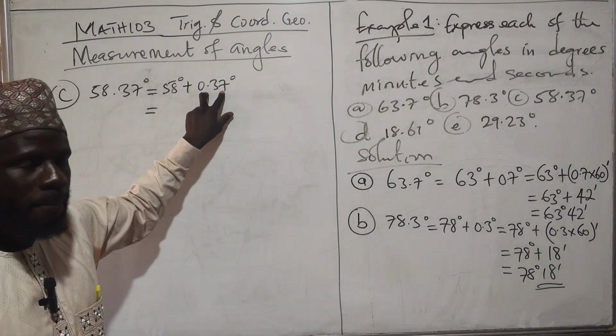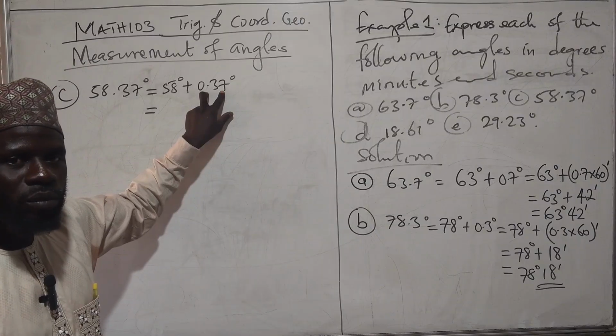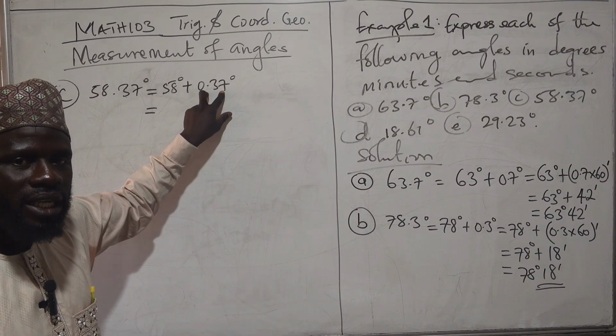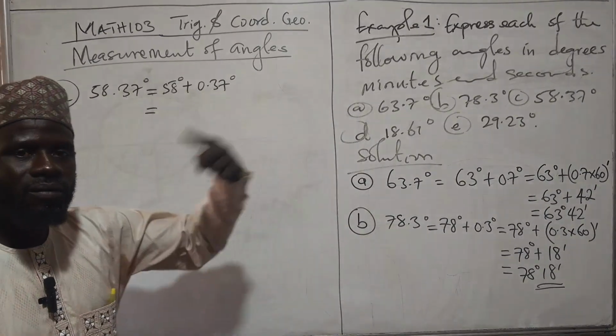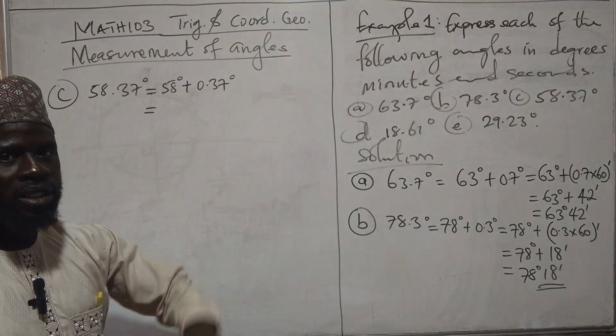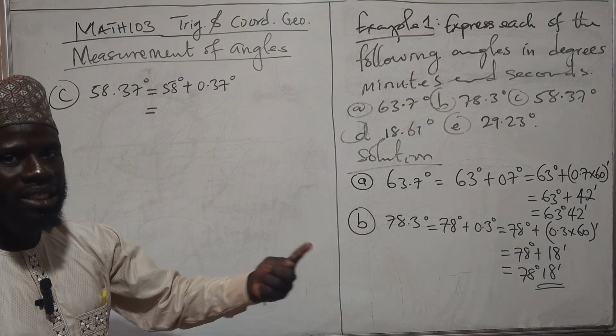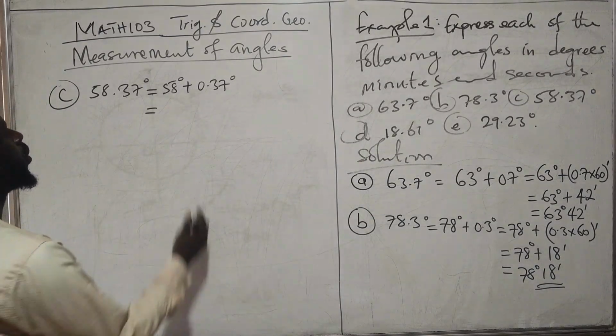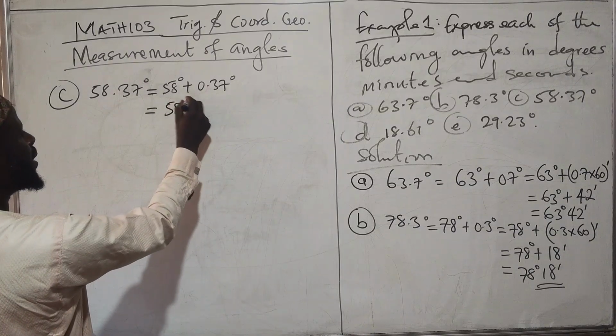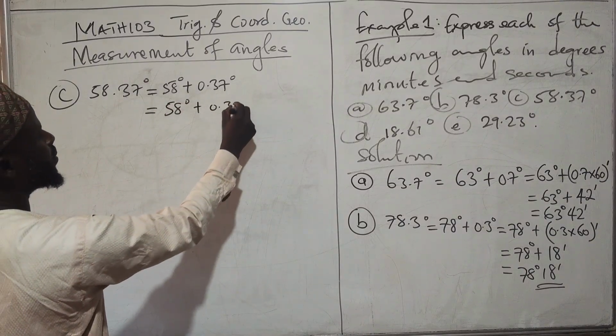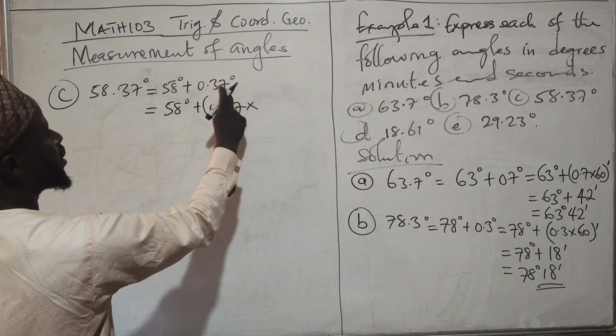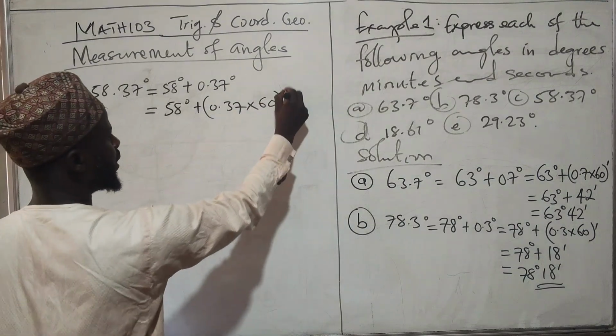If after the conversion to minutes, the minutes still contain a decimal part, then further convert the decimal part of the minute to seconds by multiplying it by 60. So I have 58 degrees plus 0.37 times 60. That is the conversion to minutes.